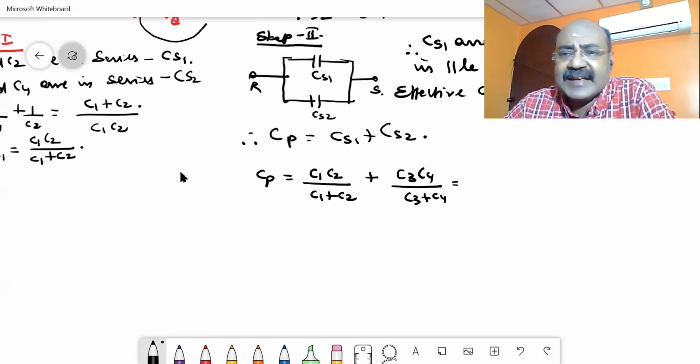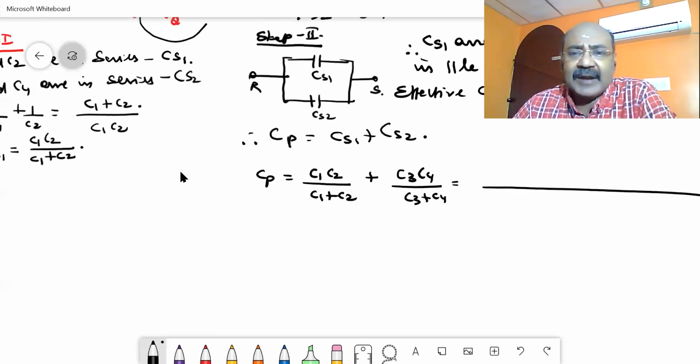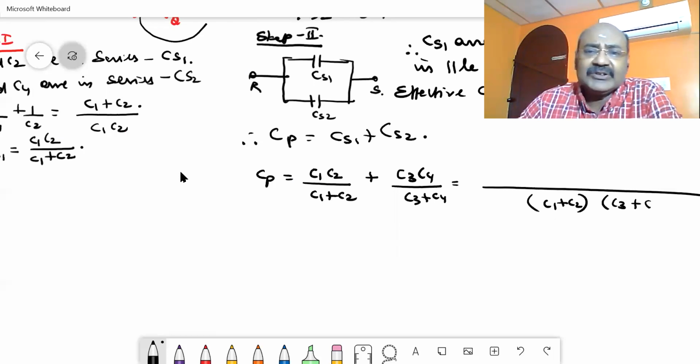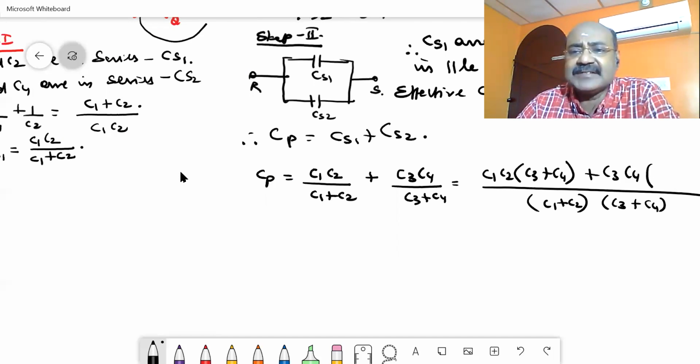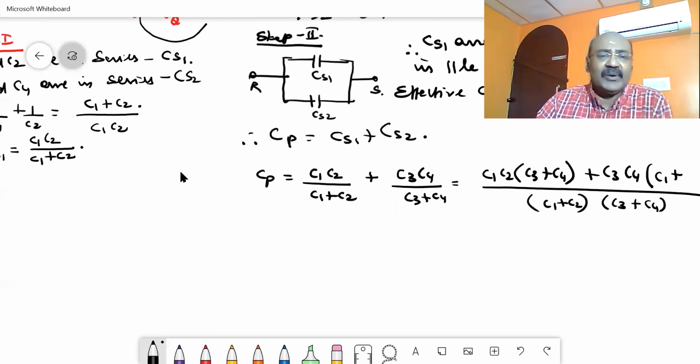Take an LCM, you will be getting C1 plus C2 multiplied with C3 plus C4. So in the numerator, C1 C2 into C3 plus C4 plus C3 C4 multiplied with C1 plus C2. Now you simplify.